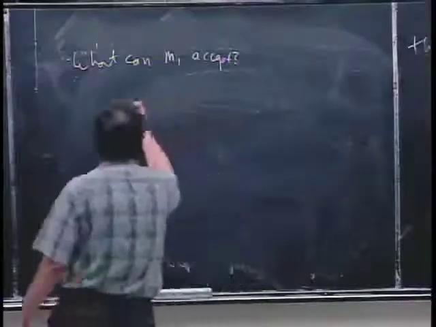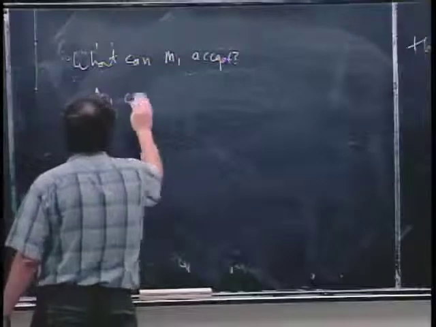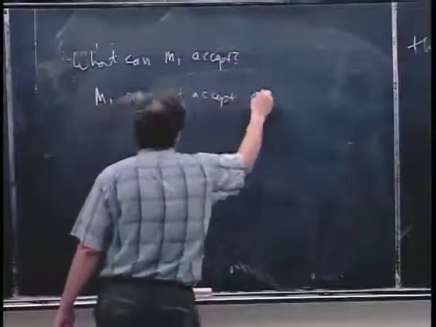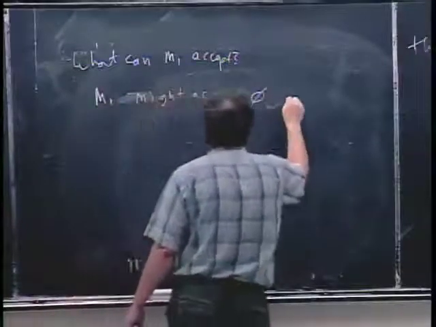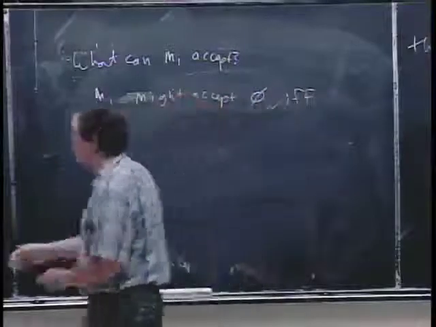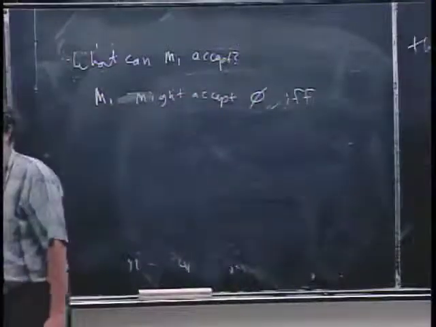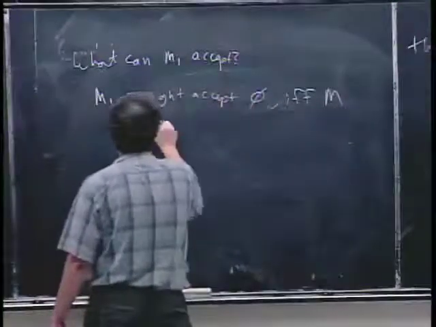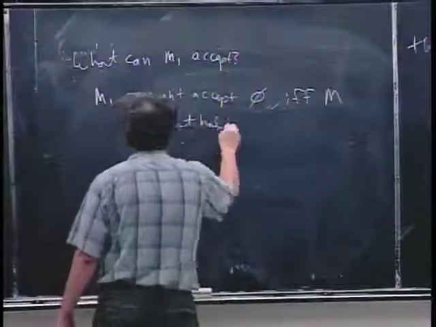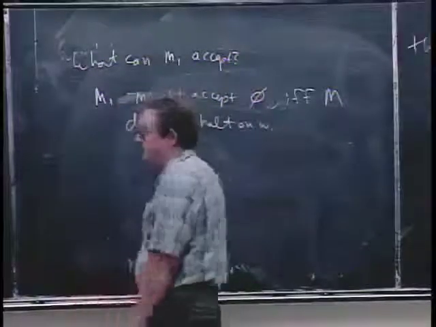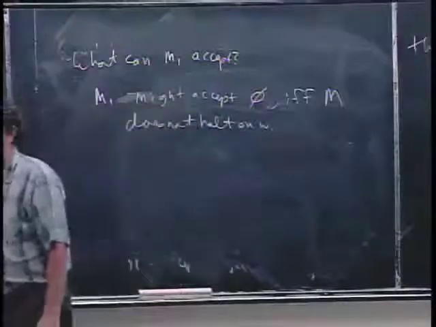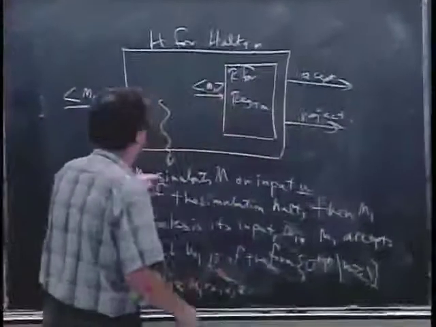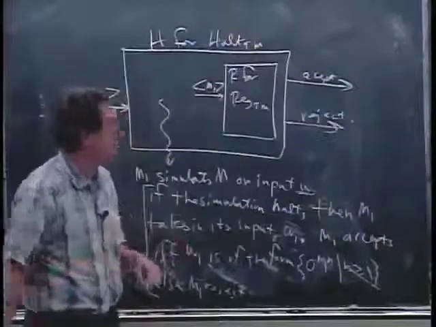So M1 might accept the empty language, and that's if and only if M does not halt on W. If M doesn't halt on W, then M1 doesn't accept anything, because it's spinning its wheels forever.